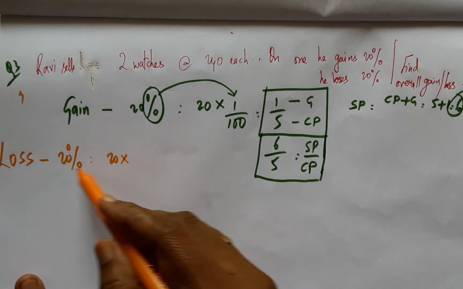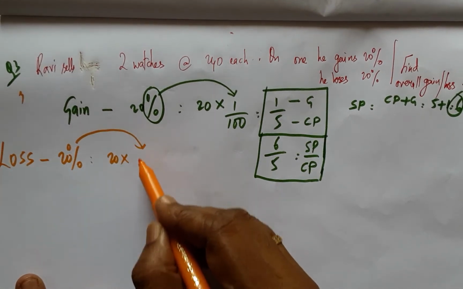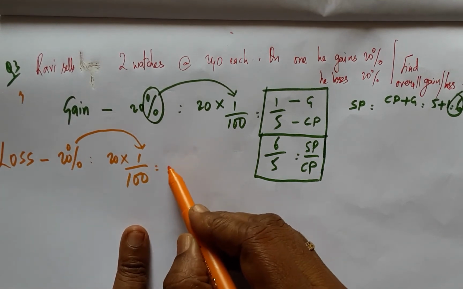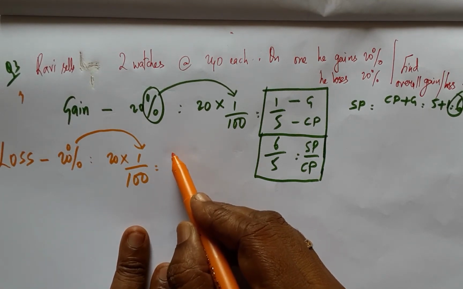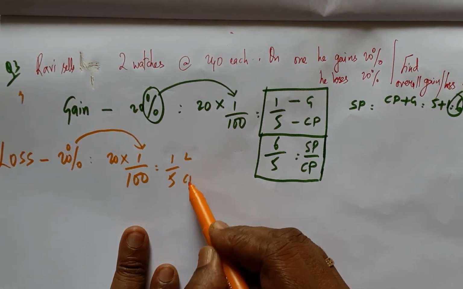The next fraction is for loss percentage, and to remove this percentage all we need to do is write it in this way, and therefore it would be 1 by 5 once again, but this is loss and this is CP.